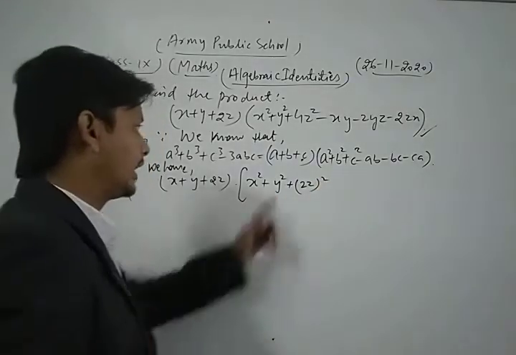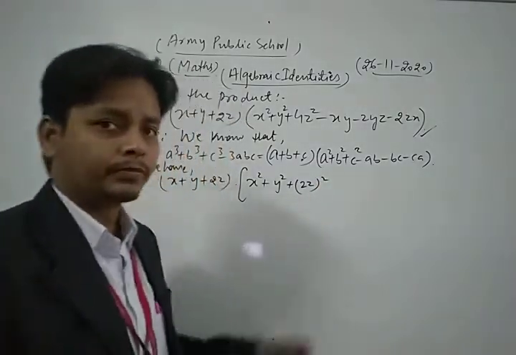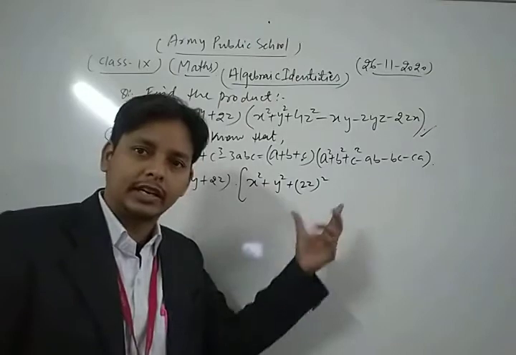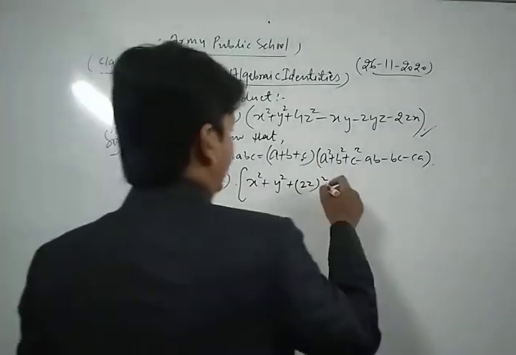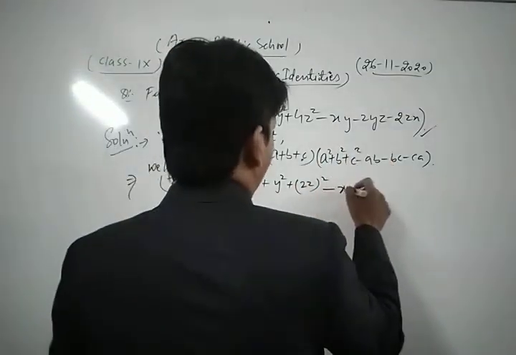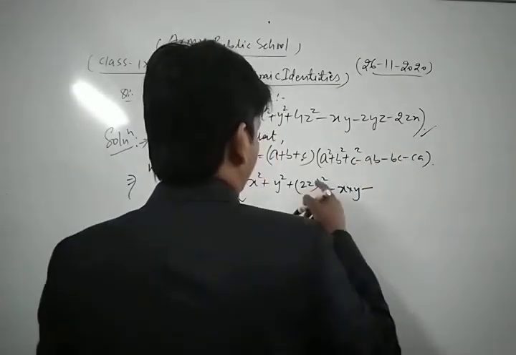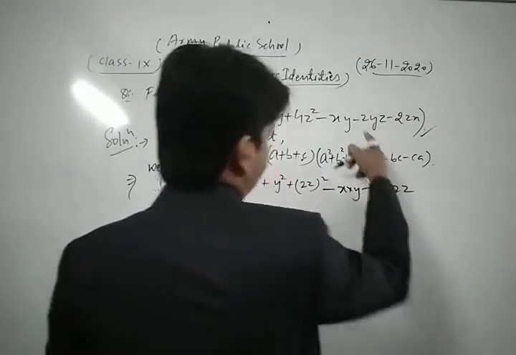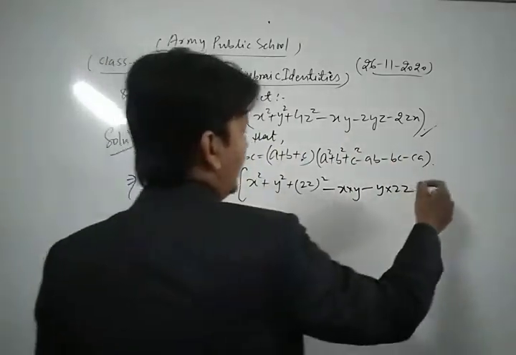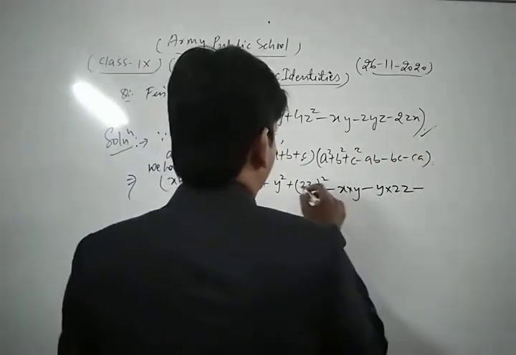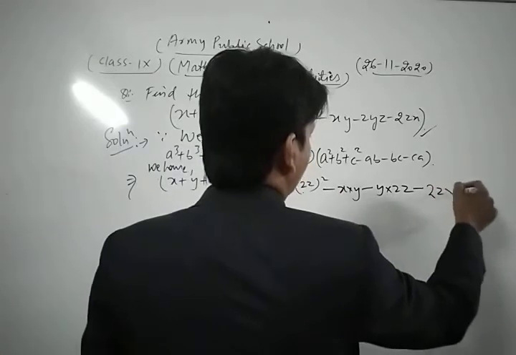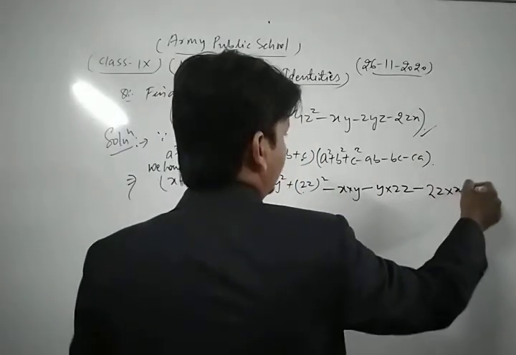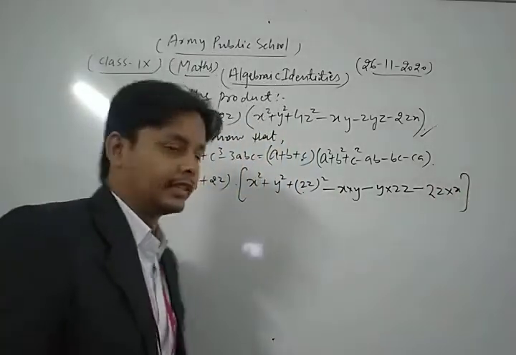Now minus ab means x into y, minus bc means y into 2z, so we get minus 2yz, minus ca, c means 2z into a means x.